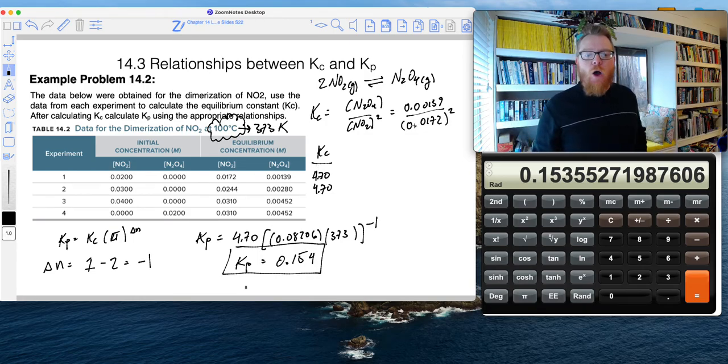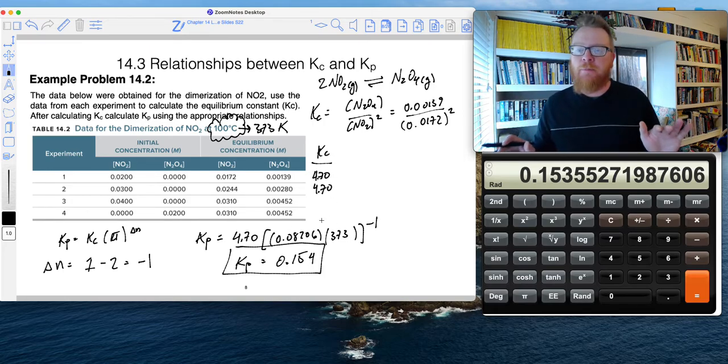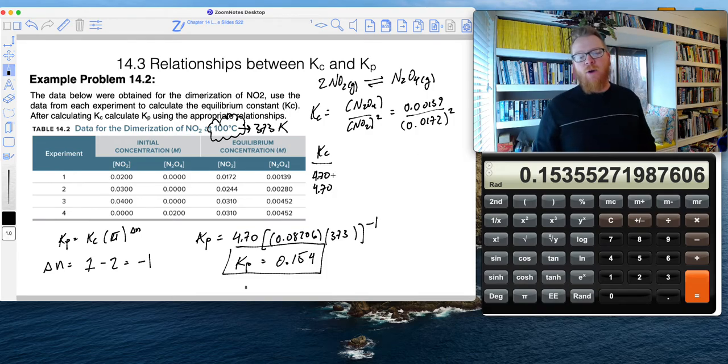I would say that this equilibrium position is somewhere right in the middle. 4.70 is not much greater than 1, and 0.154 is also not really much less than 1. So it is somewhere in the middle. And if you look at these concentrations, you can see that there is more NO2 than N2O4 at equilibrium. So the position is maybe in the middle, somewhere towards the left.